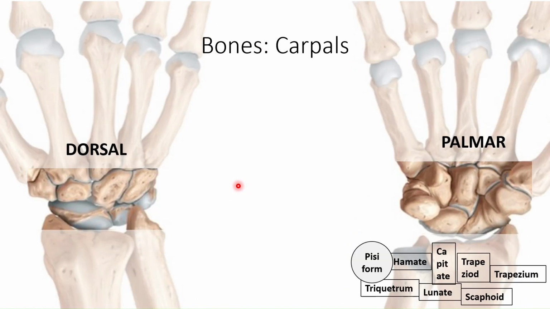The 8 bones of the wrist are called carpal bones and are divided into a proximal group and a distal group, including the pisiform, the hamate, the capitate, trapezoid, trapezium, and then proximally the scaphoid, lunate, and triquetrum.